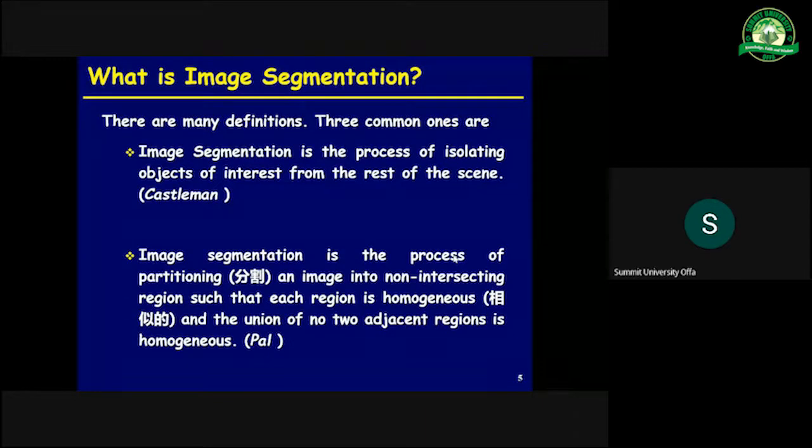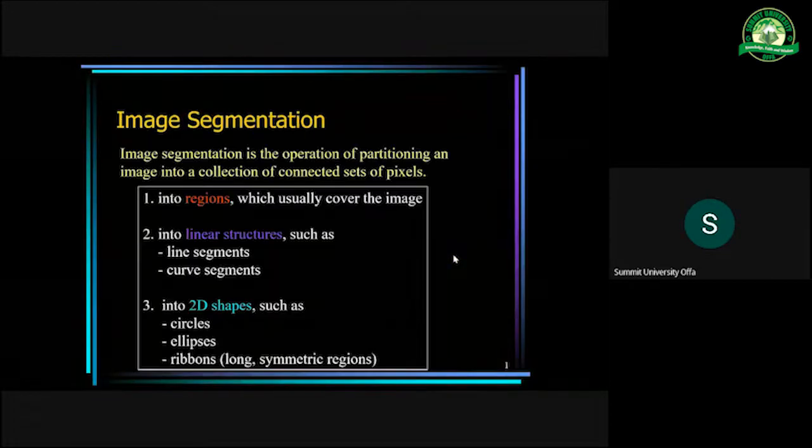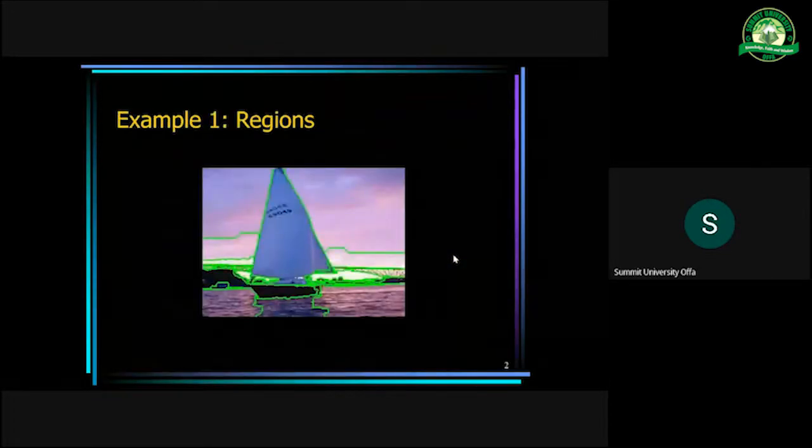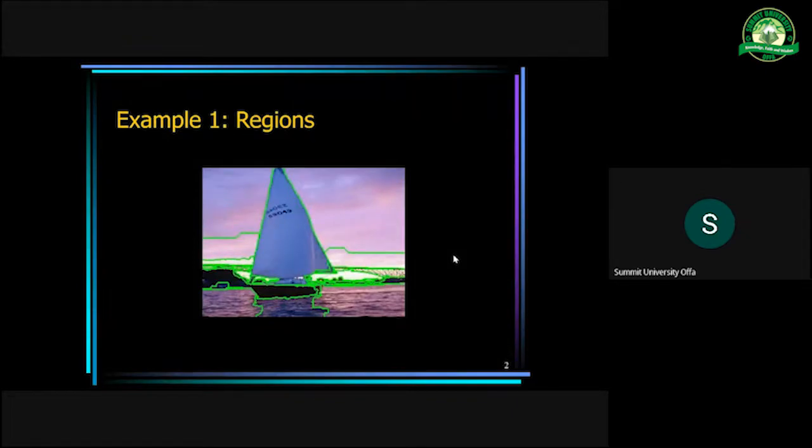That is, they look alike or have a lot of things in common, and the union of no two adjacent regions is homogeneous. So again, when you are dividing an image into non-intersecting regions, don't forget the picture I showed us here. This is what you mean there. You are segmenting it out.